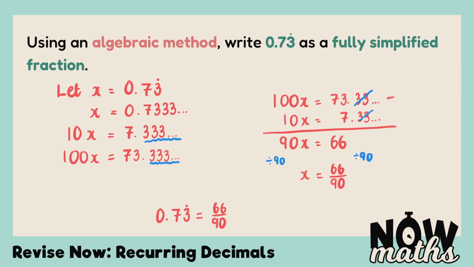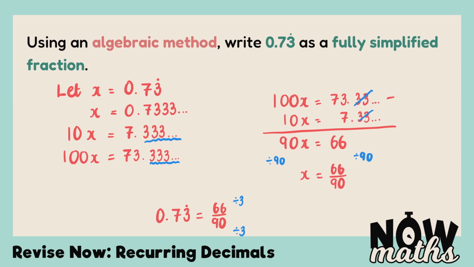And similar to the previous question, we're asked to write 0.73 recurring as a fully simplified fraction. So let's check if we can simplify 66 over 90. So 66 and 90 both have a common factor of 3. So let's divide the numerator and denominator by 3.